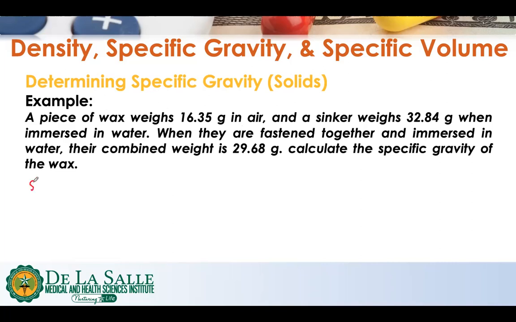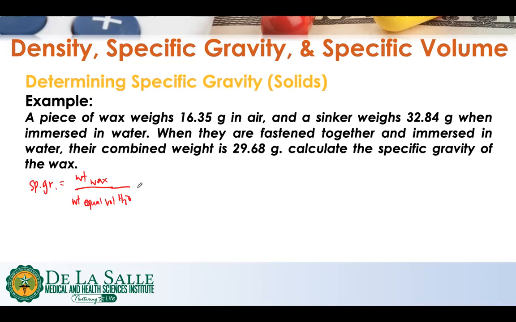So once again, our formula for specific gravity is equal to the weight of the substance, which is the wax, divided by the weight of the displaced liquid or the weight of an equal volume of water. Or basically, it is the weight of the displaced water with the same volume as the wax.